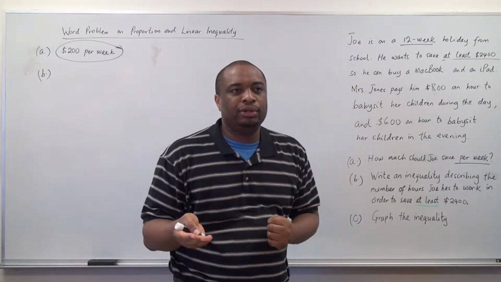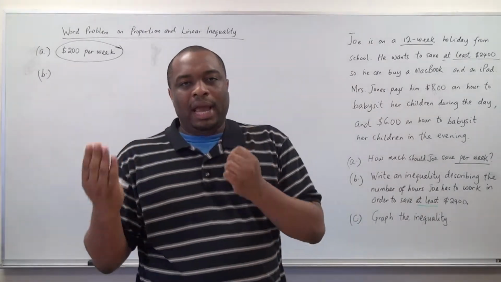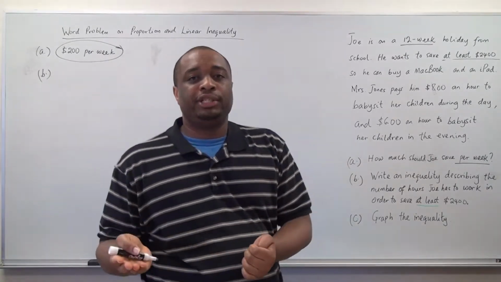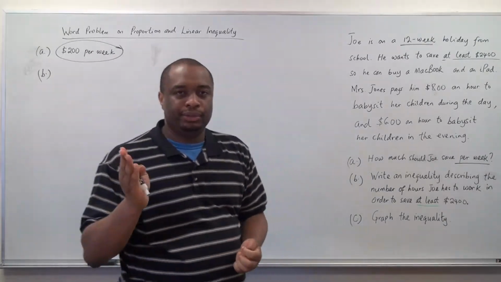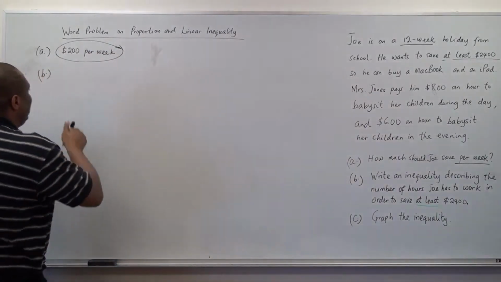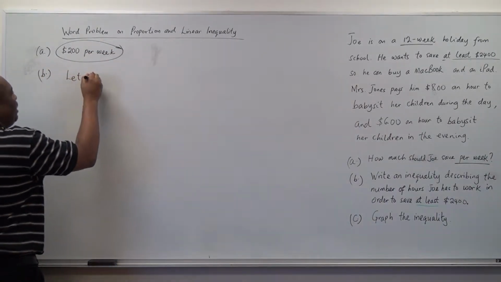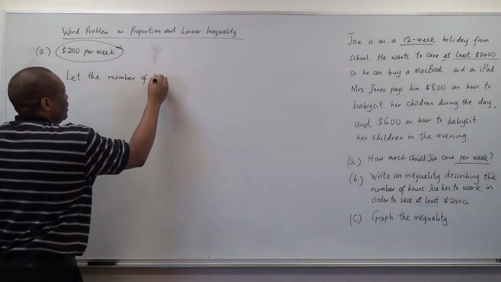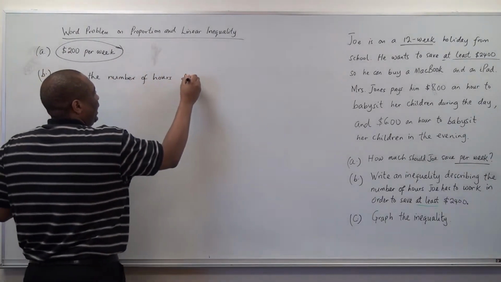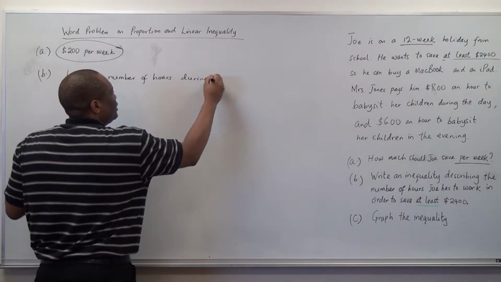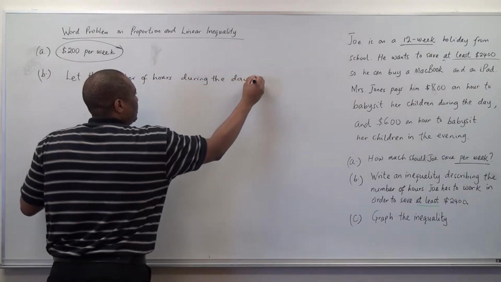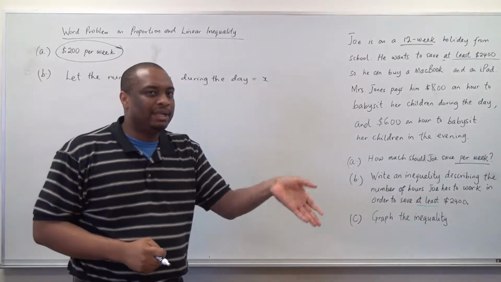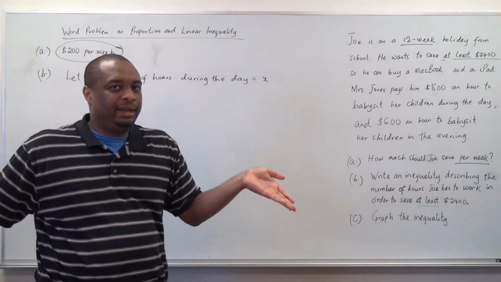And remember what I told you, anything you don't know in mathematics, anything you don't know in algebra, assign a variable to that thing. So let's say, let the number of hours during the day, because he must not work the same number of hours during the day and also during the evening.